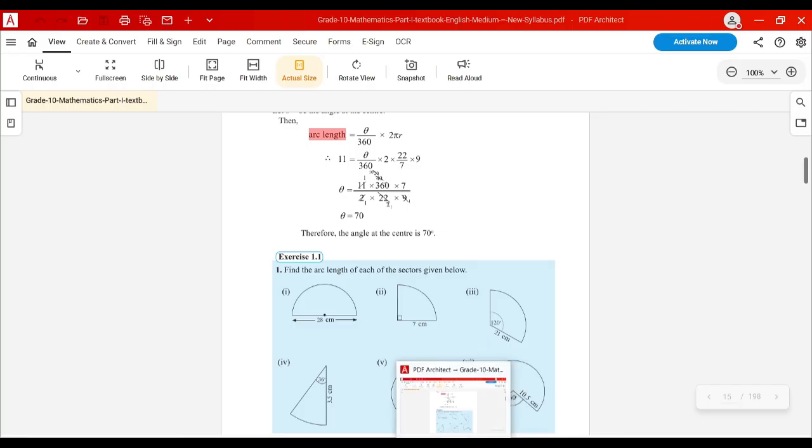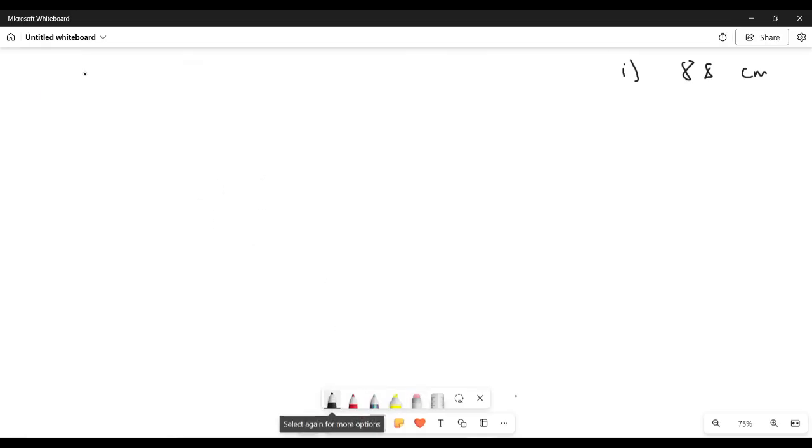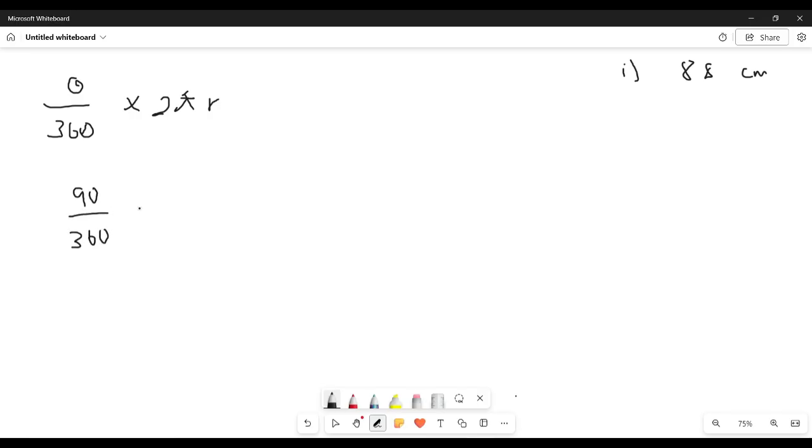So again, let's write down the formula and fill the formula out, right? So we have theta over 360 into 2 pi r, right? So what was the theta? It was 90 degrees over 360 times 2 times 22 over 7 times the radius, which was 7.